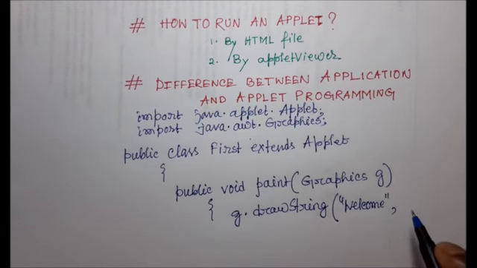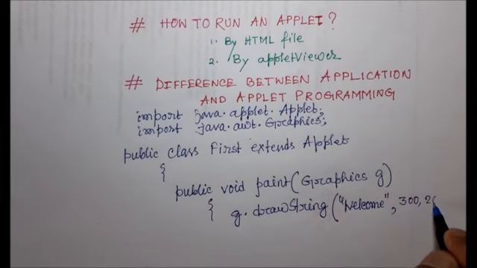Then I have to mention the x coordinate and y coordinate, that is, where on the computer screen the window will start this message. Here for the x coordinate you can take any pixel value, for example 300, and for the y coordinate, for example 200.